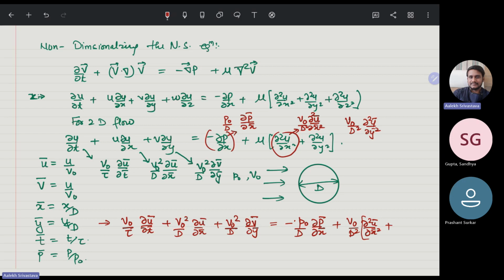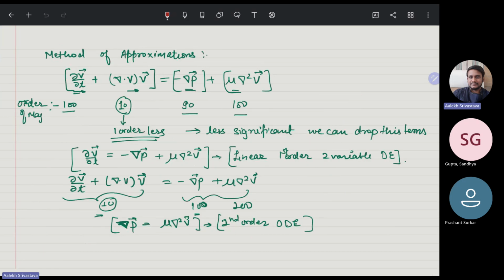And here every term, like here if you see it has mu, so we will take this mu, and here we have also rho, so this rho will be here. I think I missed the rho in every term. Yeah, here also it is rho, so this term will also have rho.